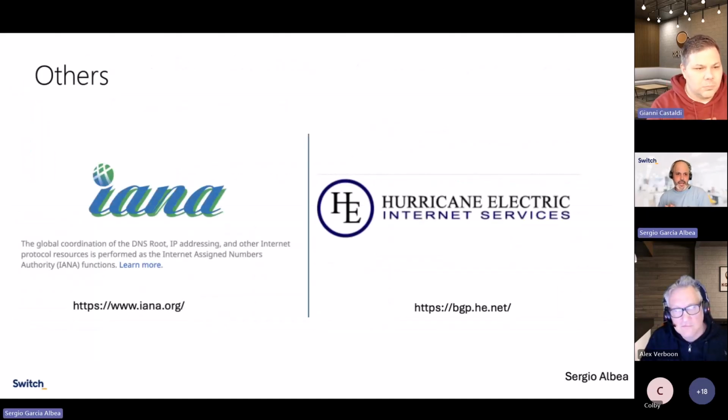More information. As I said at the beginning, IANA is the global coordination of the DNS root, IP addressing, and the assignment of these numbers, such as autonomous systems. And I totally recommend it if you have time. It's a nice place to understand more about networks. They talk also about BGP.